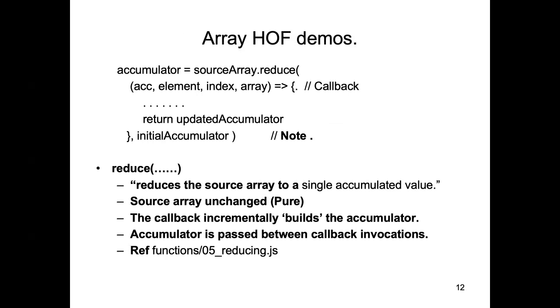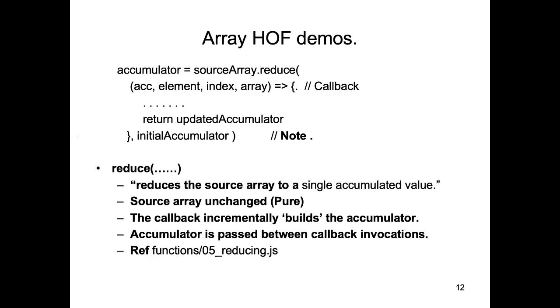method, the idea behind it is it takes an array and it reduces that array to a single value, which we call an accumulator. And it returns the accumulator value. So in general terms, what we're looking at here is we've got some source array, an array of elements, doesn't matter what the elements are, they could be objects or anything else.